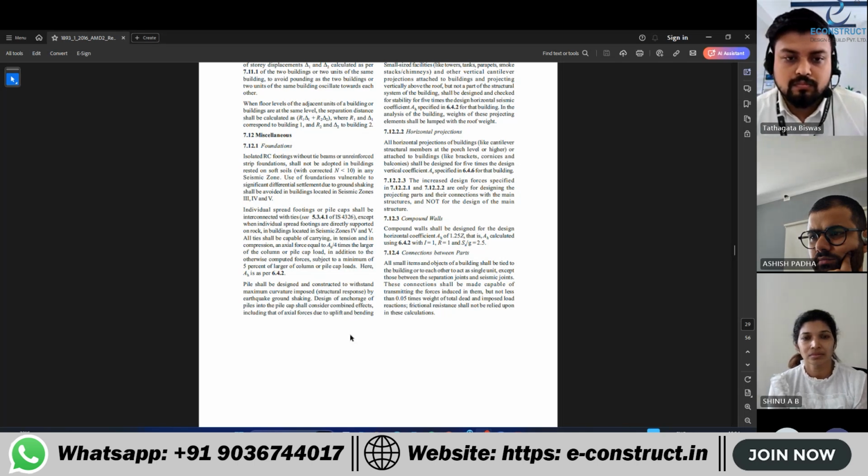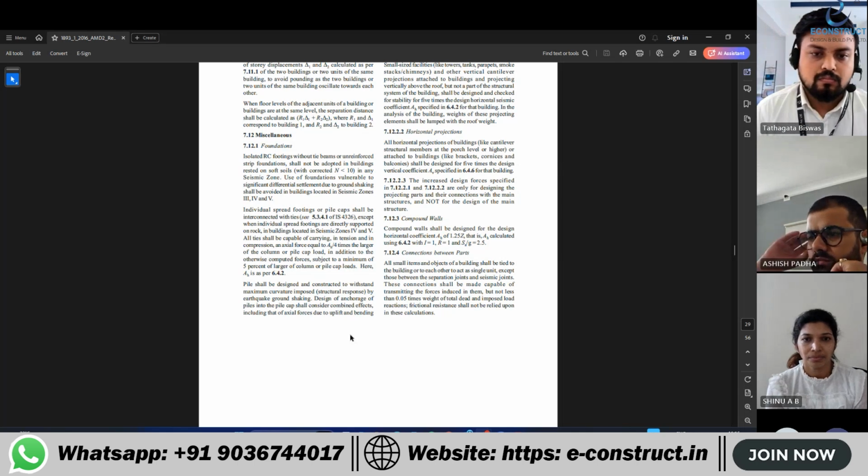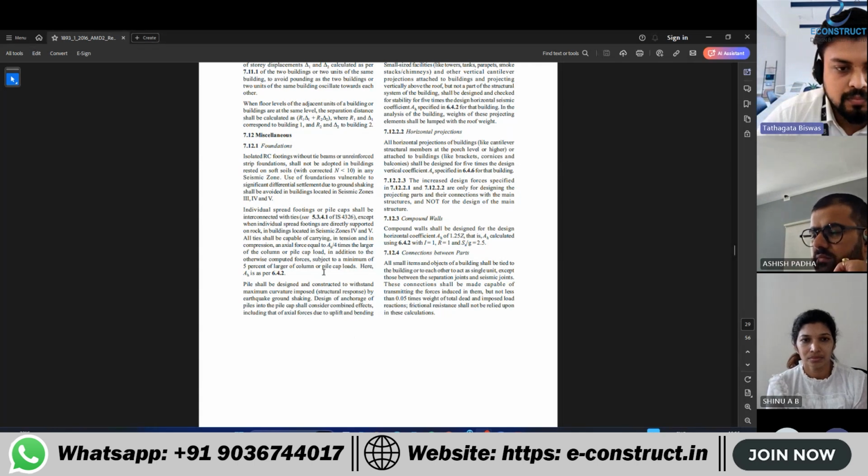See 5.3.4.1 of IS 4326, except when individual spread footings are directly supported on rock in buildings located in seismic zone 4 and 5.